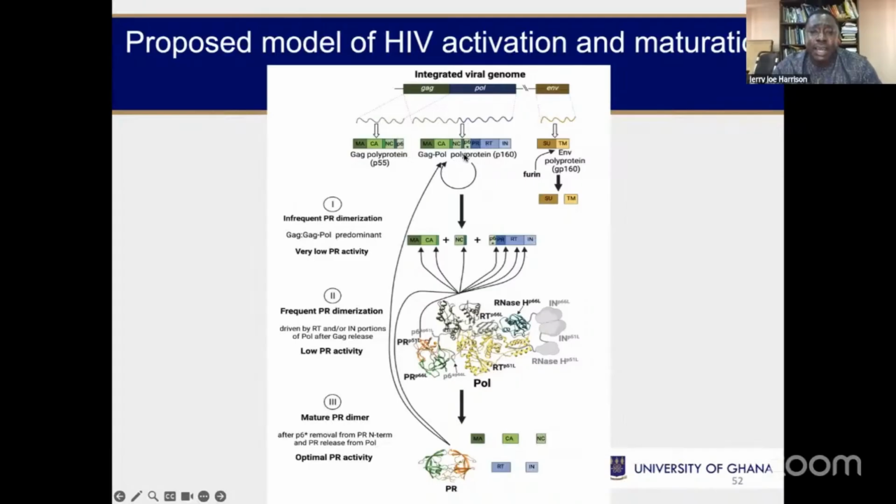And then when that happens, that generates intermediary polyproteins which contain the protease. But because RT has a very vast dimerization interface, we believe that, just as other biochemical experiments have shown, the RT dimerizing helps the protease to also come together.